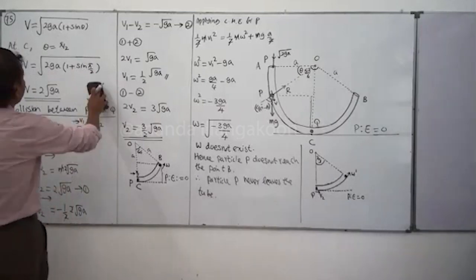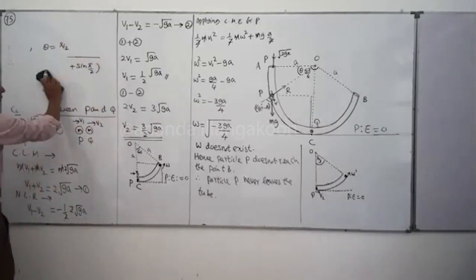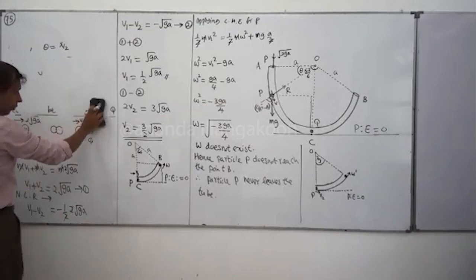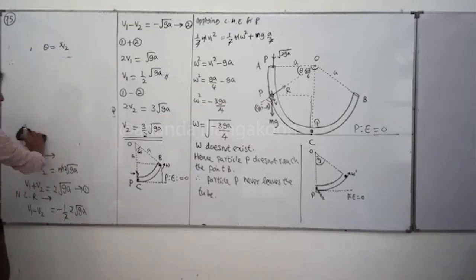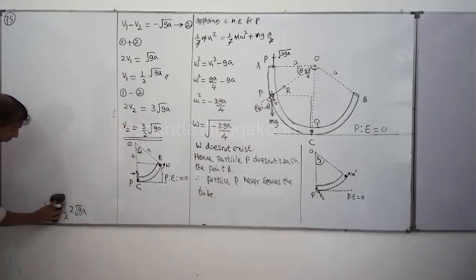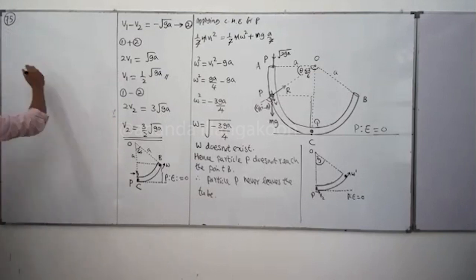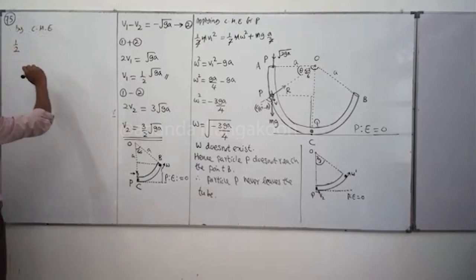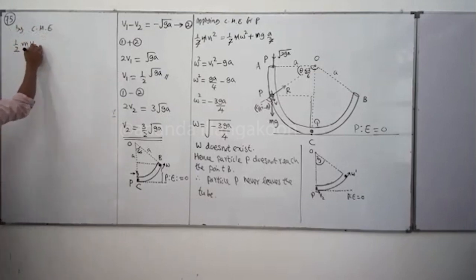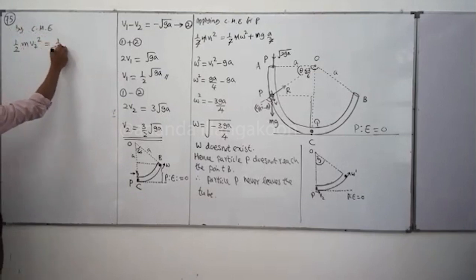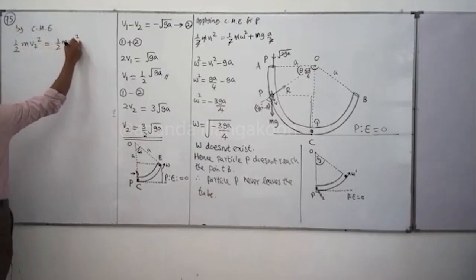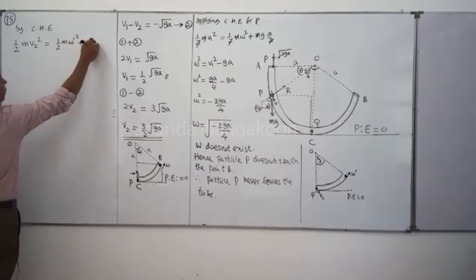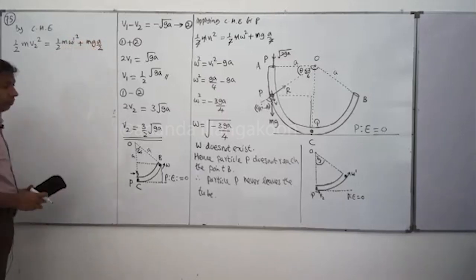I shall erase this now. By conservation of mechanical energy, half m V2 squared is equal to half m W dash squared plus mg by 2, as before.